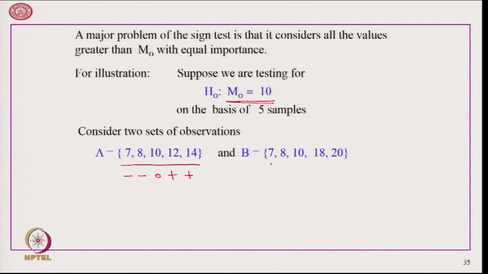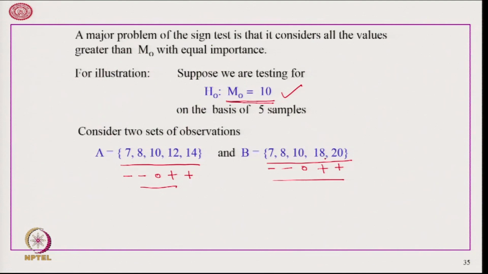Suppose on the other hand, my observations are 7, 8, 10, 18 and 20. If we use simple sign test, then again we will get minus minus, this is 0, plus plus. Therefore, by sign test it also has the same value as this, hence we are going to accept the null hypothesis that m is equal to 10.